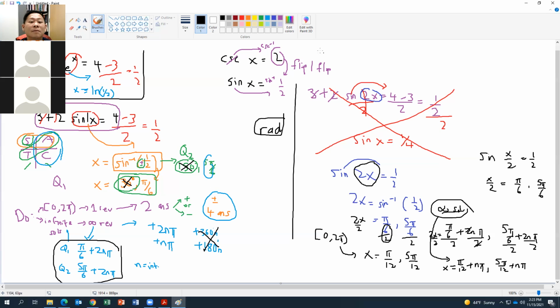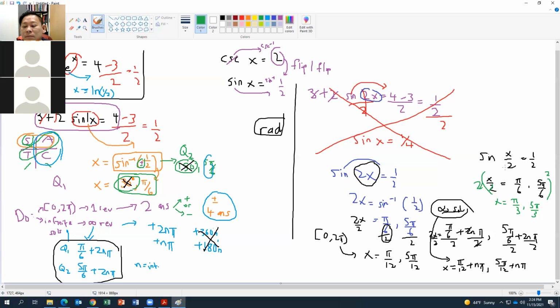What do we do? Multiply. So now we will multiply everything here by 2. So it's like solving equations, right? So now your x in this case will be pi over 3 and 5 pi over 3. Because when you multiply by 2, the 6 goes into 2 3 times.